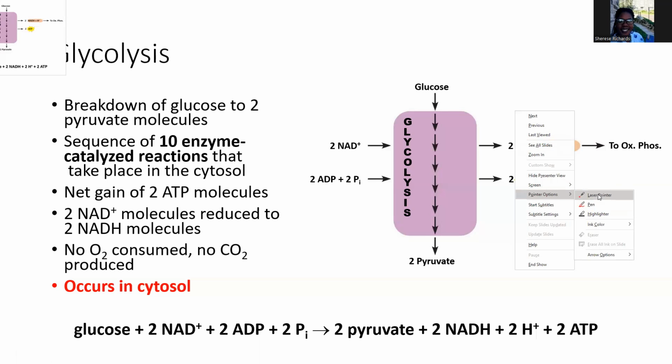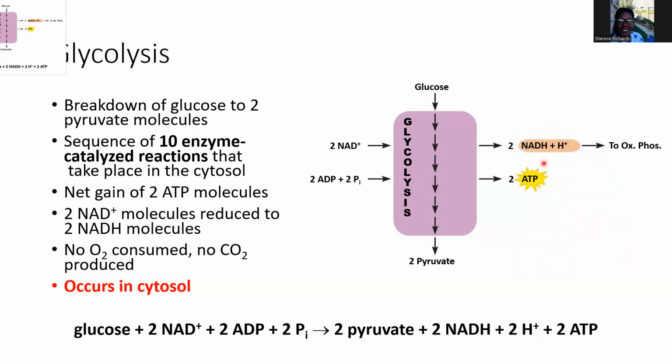We can see that happening here. Right, so we input 2 NAD+, which has 2 electrons tagged on. That's what this plus here means. Through the process of glycolysis, we're going to yield 2 electrons from that by reducing it.